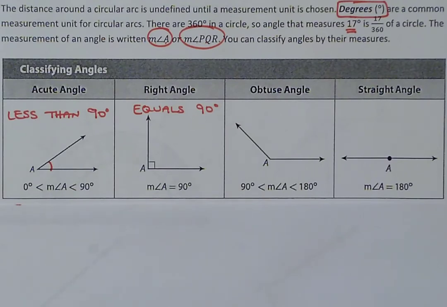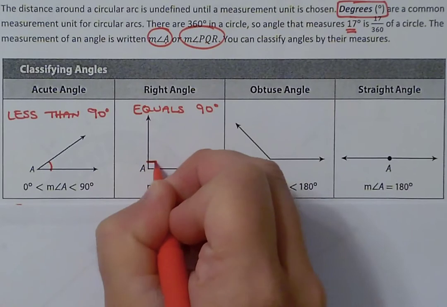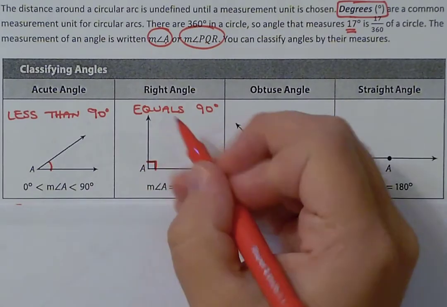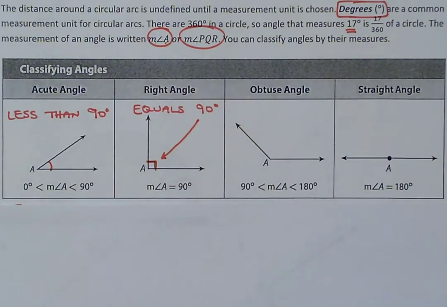Now, a few things symbol-wise. If you ever see the box in your angle like this, that always denotes that it is a right angle, so it is always 90 degrees. So whenever you see that box in a corner, that means that that angle is 90 degrees.